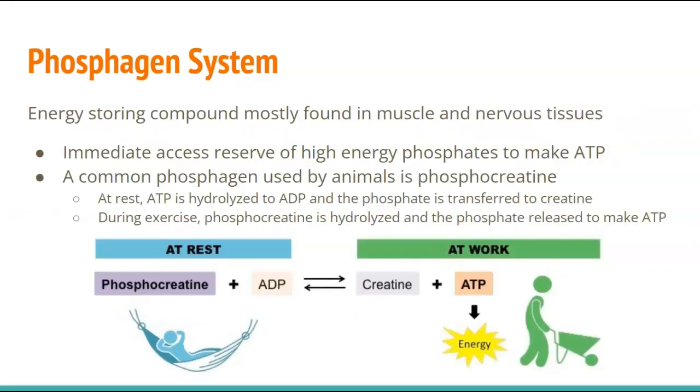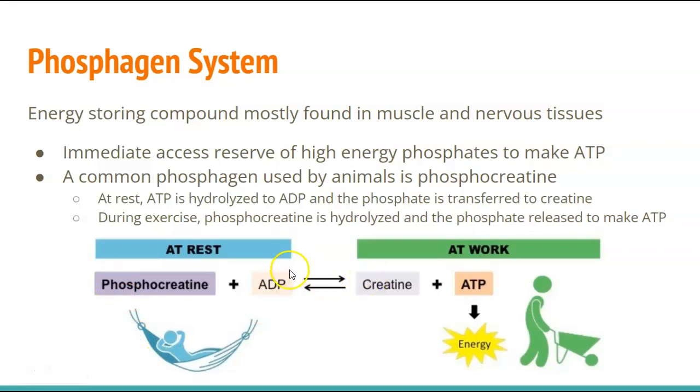Pretty interesting. And then our last two slides are going to talk about the phosphagen system, which is an energy storing compound mostly found in muscle and nervous tissues. This is immediate access to the reserve of high energy phosphates to make ATP. A common phosphagen used by animals is phosphocreatine. So when you are at rest, ATP is hydrolyzed to ADP, and the phosphate is transferred to creatine.